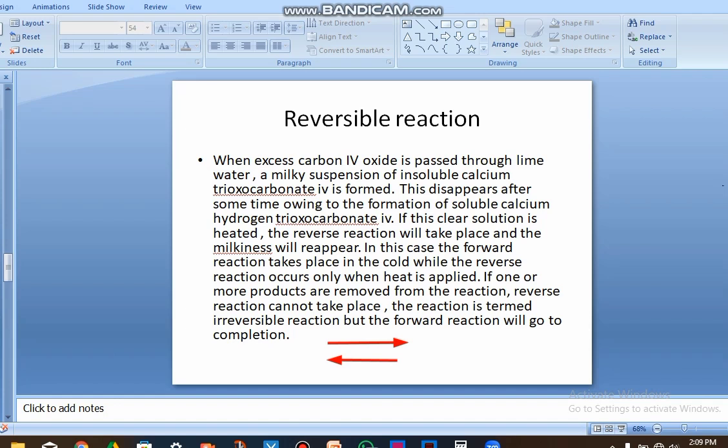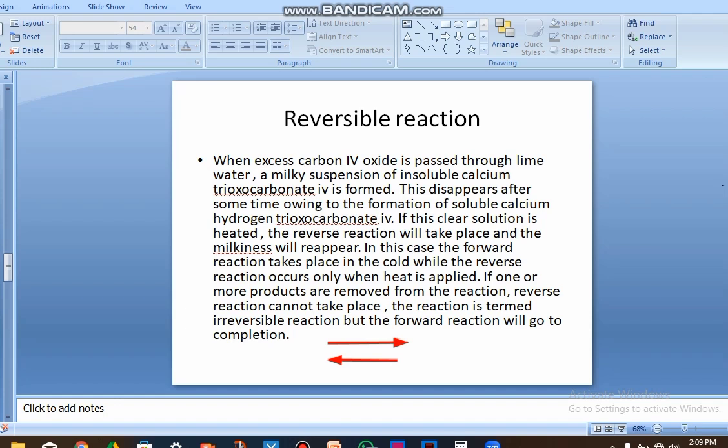So this disappears after some time owing to the formation of soluble calcium hydrogen trioxocarbonate(IV). I get it now. Calcium trioxocarbonate(IV) is insoluble, while calcium hydrogen trioxocarbonate(IV) is soluble. So take note.